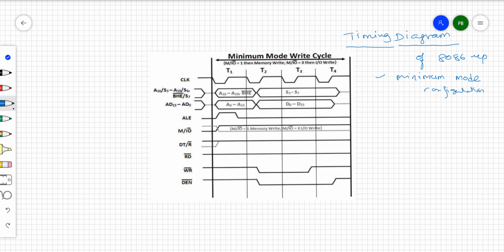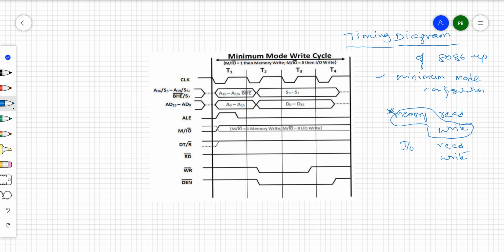One is the memory write operation, another is the memory read, and IO read and IO write. In the similar way, IO read and write operation. Now I am going to discuss how timing is provided while doing this particular operation, the memory write operation.